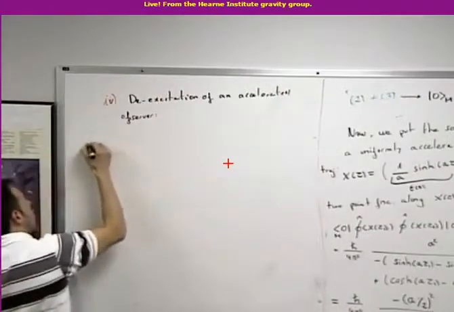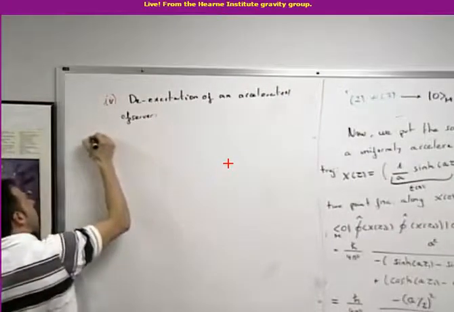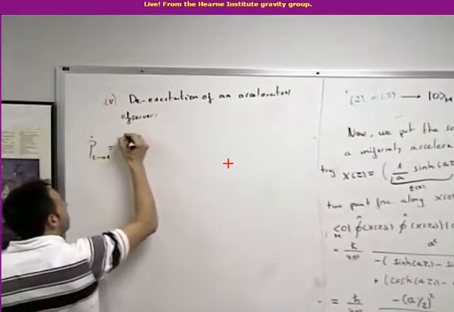So now what I want to do is, what is the probability if the detector is excited to go to the ground state?